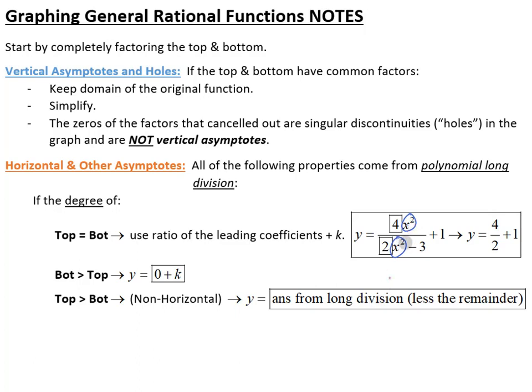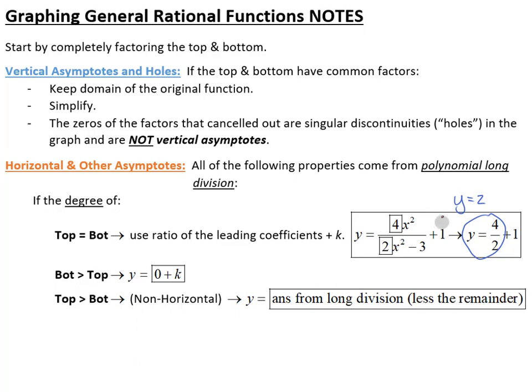These are both x squared, so that is the same degree. Degree 2 on top, degree 2 on bottom. Okay, so when the top and bottom have the same degree, we can use the ratio of their leading coefficients, 4 over 2. So normally, we would just write y equals 4 over 2 or y equals 2. That is where my horizontal asymptote will be at.